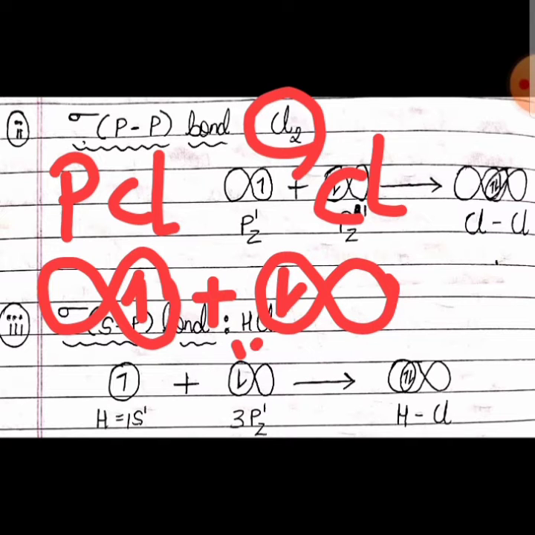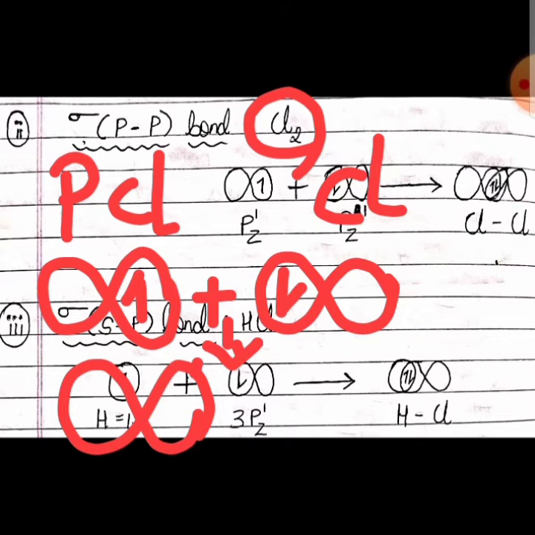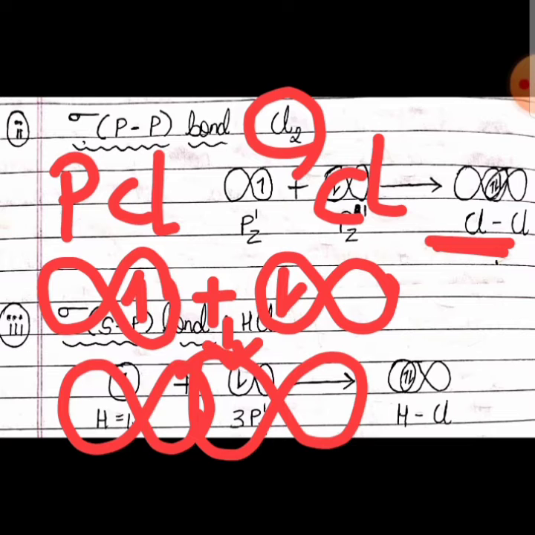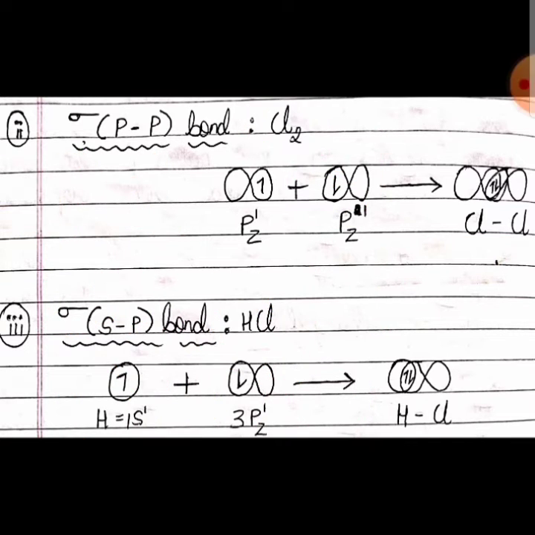These two half-filled p orbitals overlap axially to form a covalent bond between the two chlorine atoms. That covalent bond is called a sigma bond.